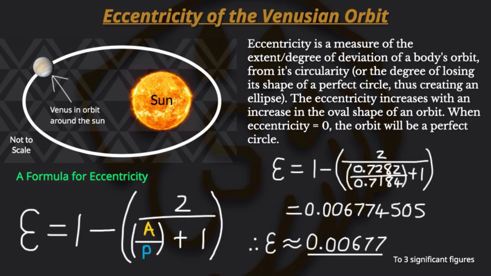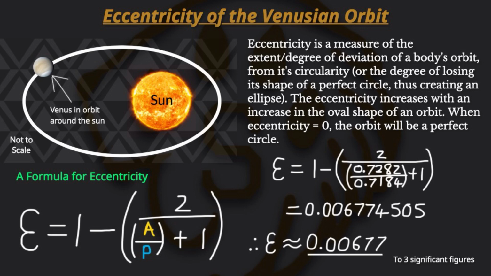Our eccentricity is represented by the Greek letter epsilon, and epsilon is equal to 1 minus 2, being the numerator, over the aphelion over the perihelion plus 1. And for the aphelion and the perihelion, we are using astronomical units. We could use metric system units, but here we are just using astronomical units.